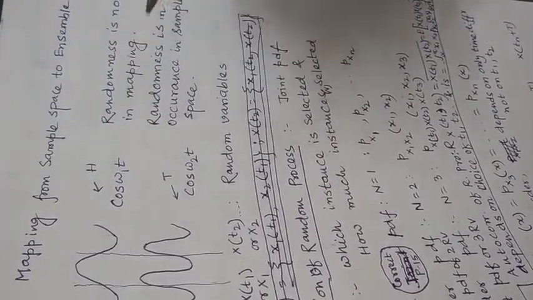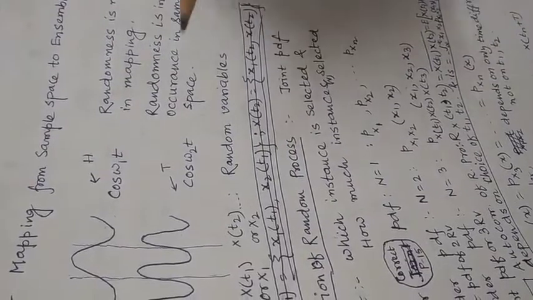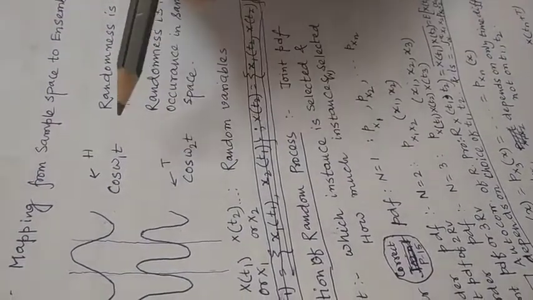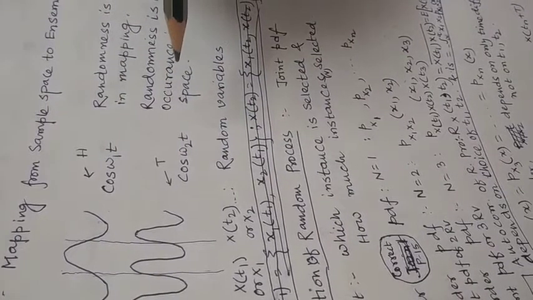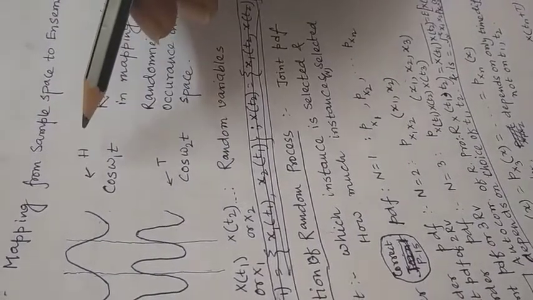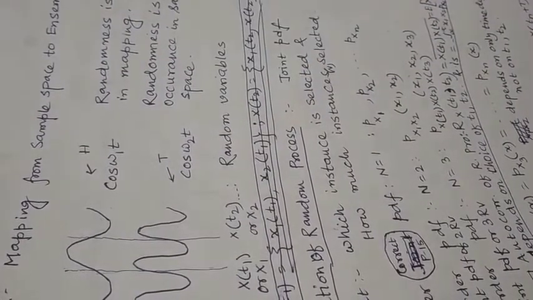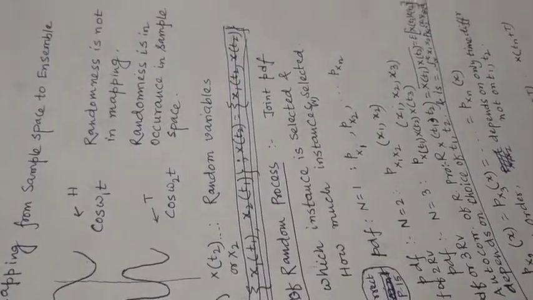The randomness is in the occurrence of the sample space, that means whether it is head or tail. This is the randomness. Therefore, the process associated with it is called a random process.